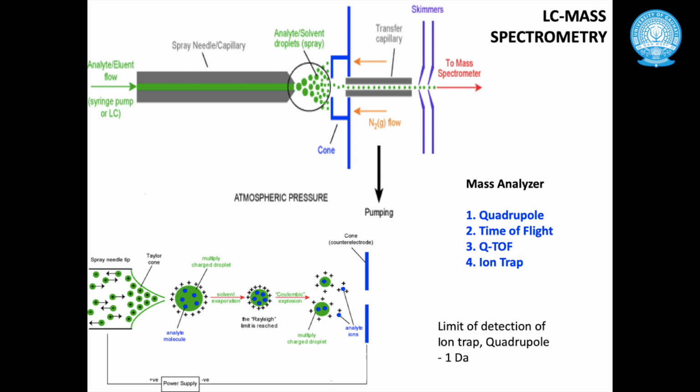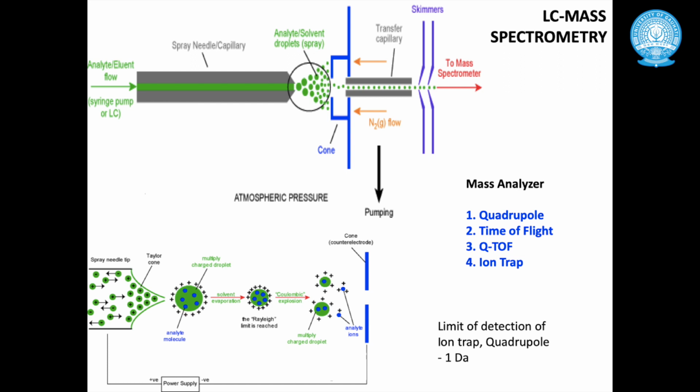Then the ions are further separated and segregated by using the skimmer. So the skimmer is another component, and then it goes to a mass analyzer.